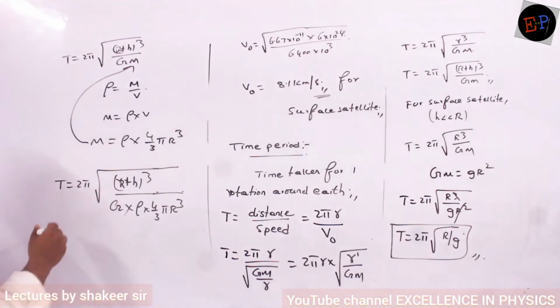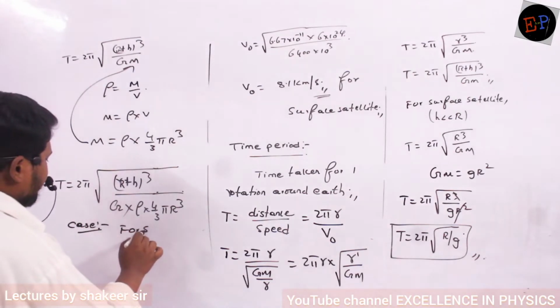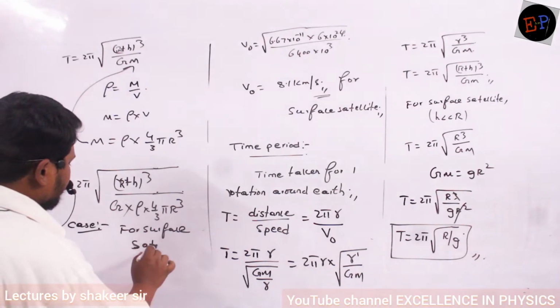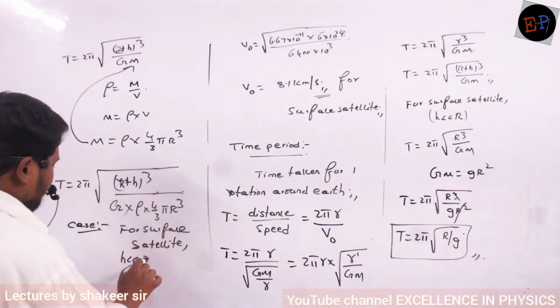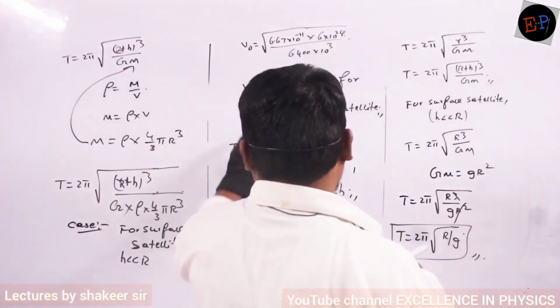Now again, write the case for a surface satellite. What is meant by surface satellite? H is much less than R. In that condition you can neglect this h value.